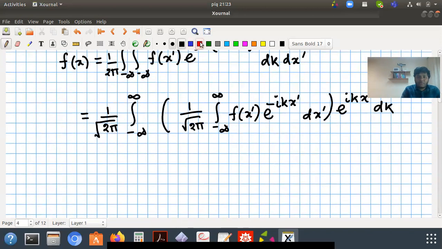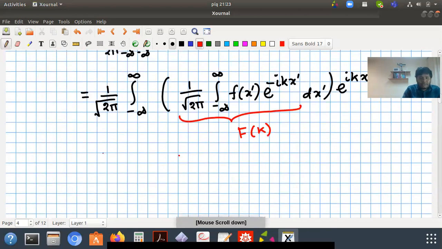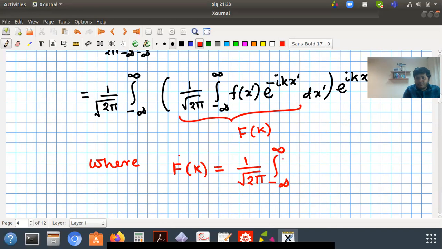Now, this term we can write as f of k, because we integrate over x, so this is a function of k. Where f of k equals 1 over square root of 2 pi, integral from minus infinity to plus infinity, f of x prime e to the power minus i k x prime dx prime.